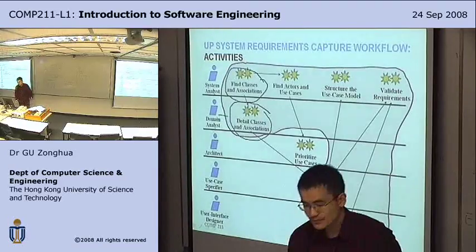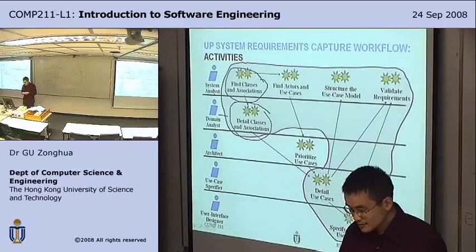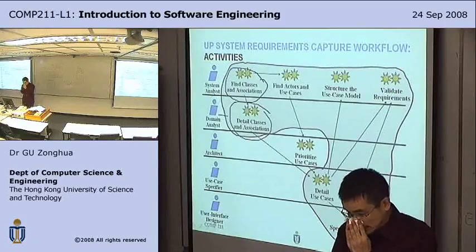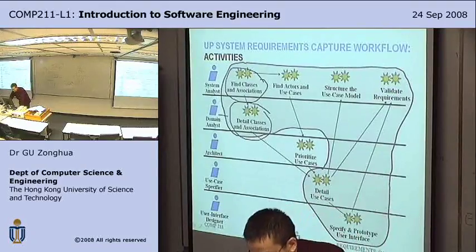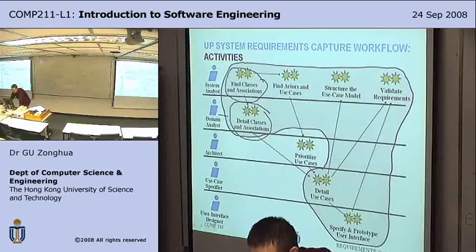That is, you identify how the classes are associated with each other and their multiplicities of association. And system analyst find actors and use cases.